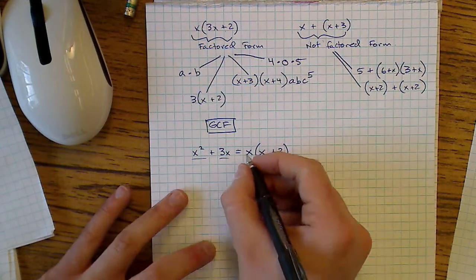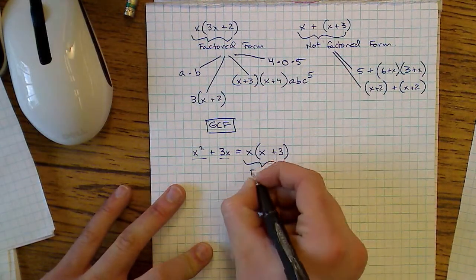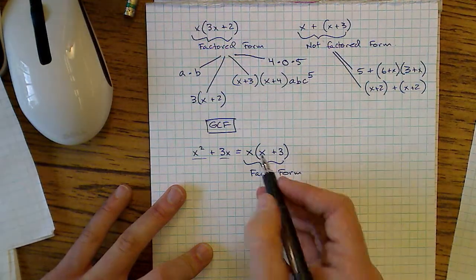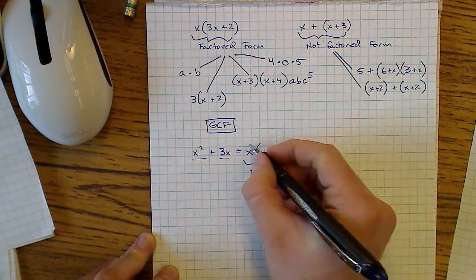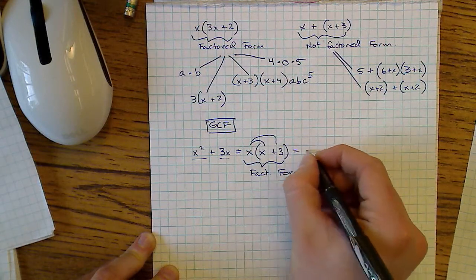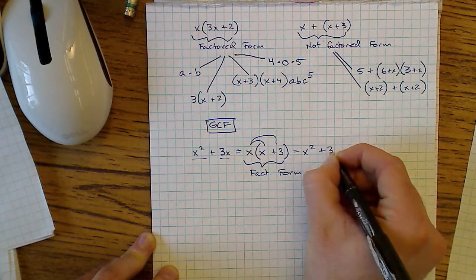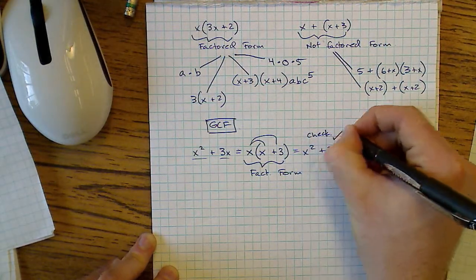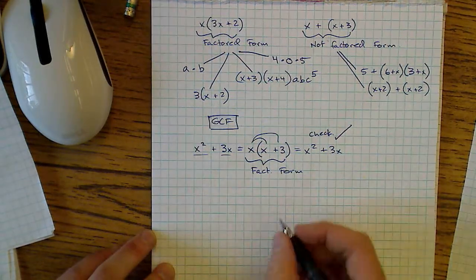Notice that the factored form is equivalent to the original equation, right? If I distribute it here, I'd get x squared plus 3x. So that's kind of how I can check my work, if I factored it correctly.